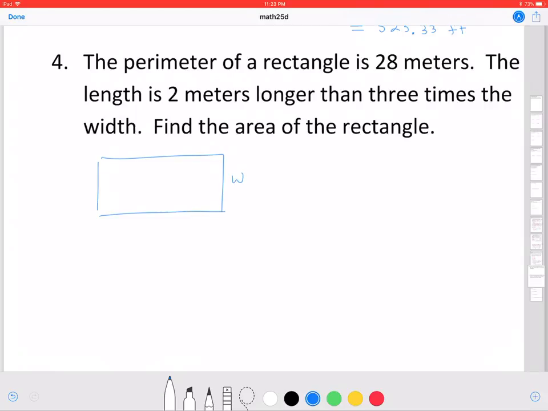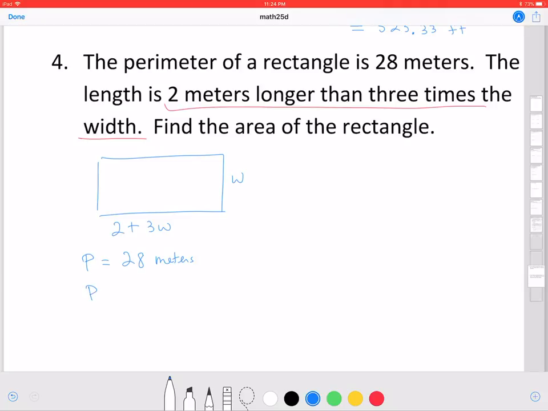Some people call the horizontal the width, doesn't matter. And the length is 2 meters longer than 3 times the width, so you have to translate this. So the horizontal portion of this rectangle is going to be 2 more than 3 times the width. And the perimeter, P, is given to us as 28 meters.